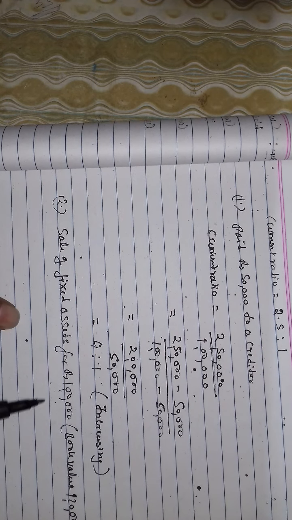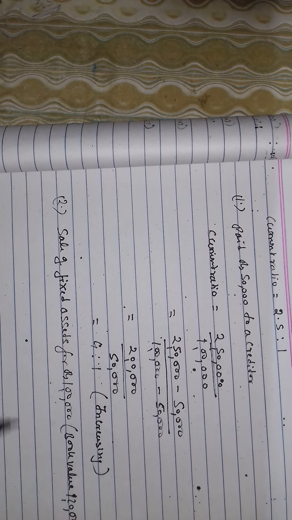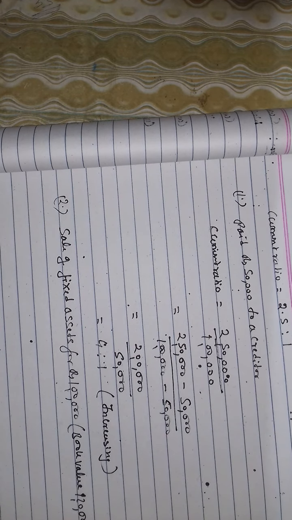Means a fixed asset has been sold for 1 lakh. Its original value was 1,20,000. We are selling a fixed asset of 1,20,000 for how much? For 1 lakh. Whether it will have any effect or not, let's see.